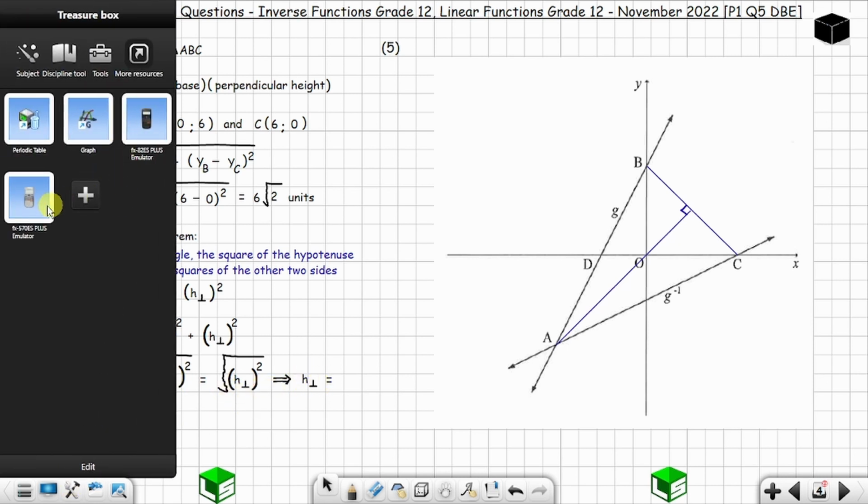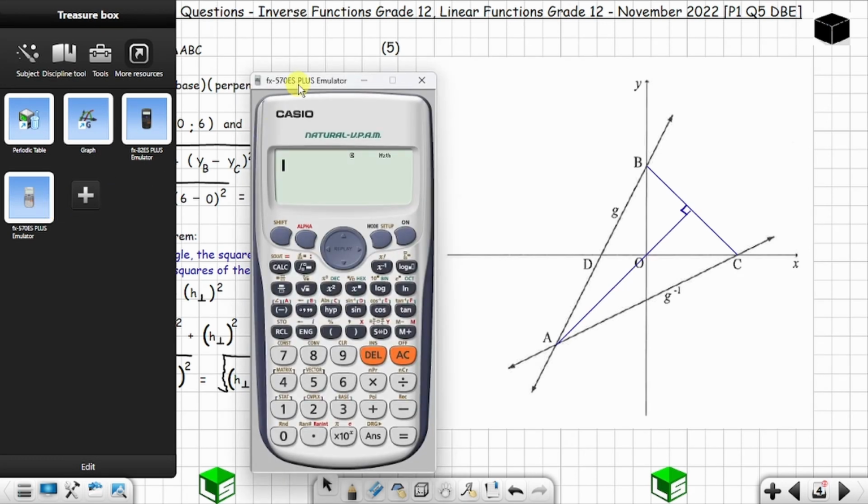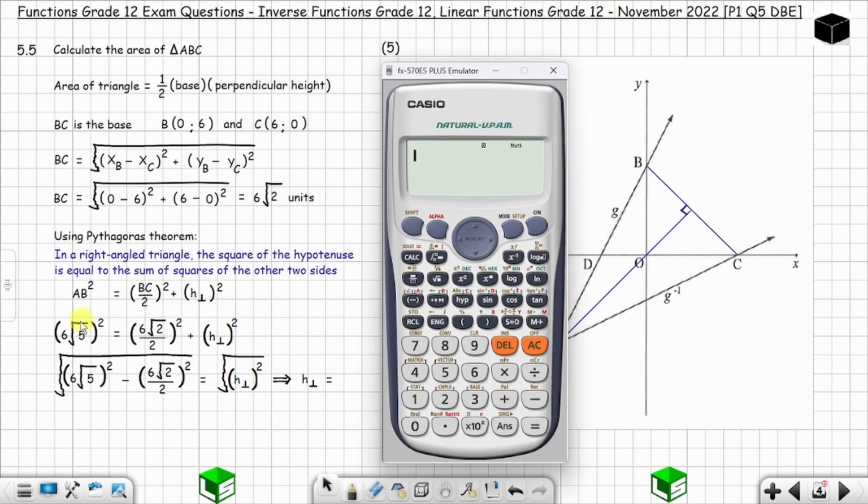Let's do that. I have the square root of (6 square root of 5) square, minus (6 square root of 2 over 2) square.